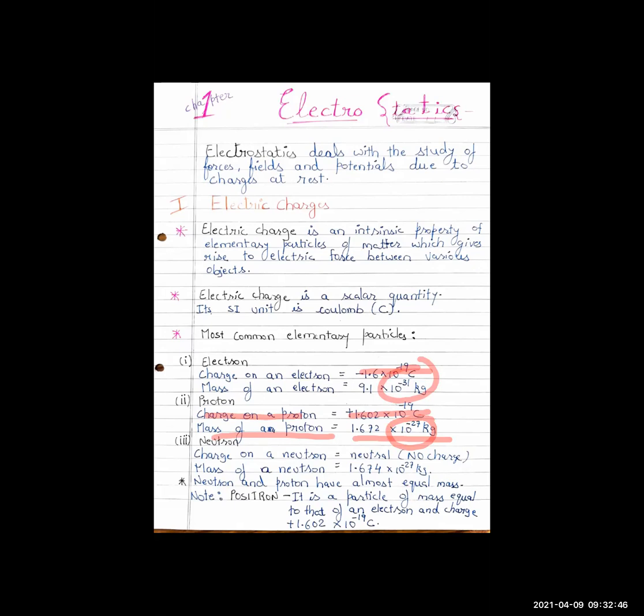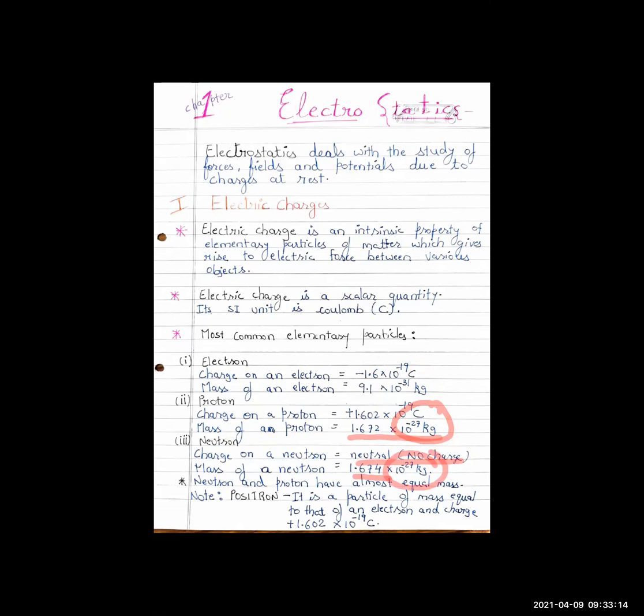Okay. Now let's talk about the third elementary particle, that is neutron. Neutron, we know, has no charge. Right, it is a neutral particle. The mass of the neutron is almost equal to the mass of the proton. See, the mass of the proton was 1.672 and here it is 1.674 into 10 to the power minus 27 kg, almost the same.